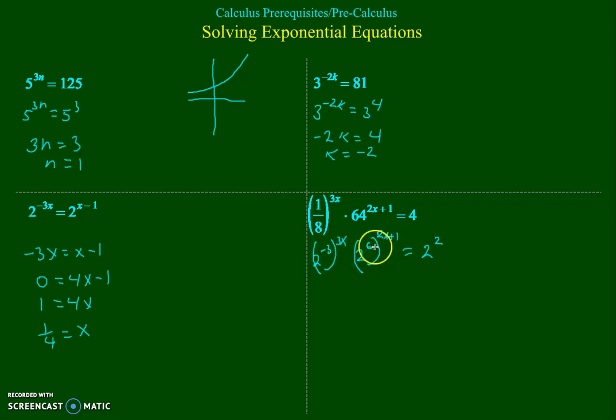Now we just have to resolve these exponents here, and we multiply, because we're raising to a power. In order of precedence, we come down one, so it's power to multiplication. So that's negative 3 times 3 is negative 9, 2 to the negative 9x. This is 2 to the 12x plus 6, and this is simply 2.